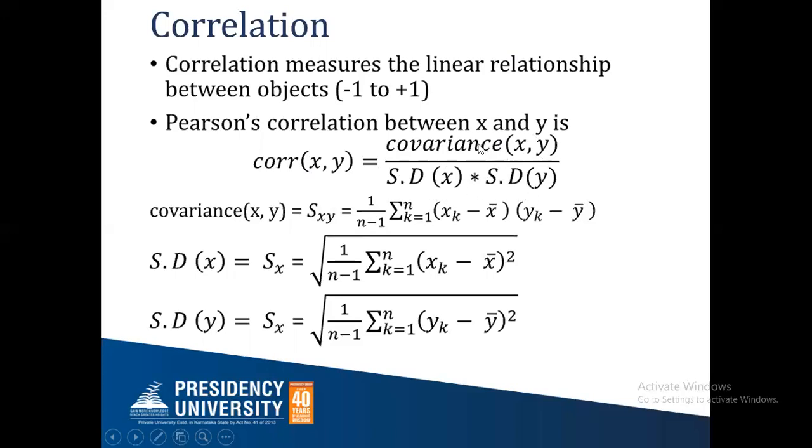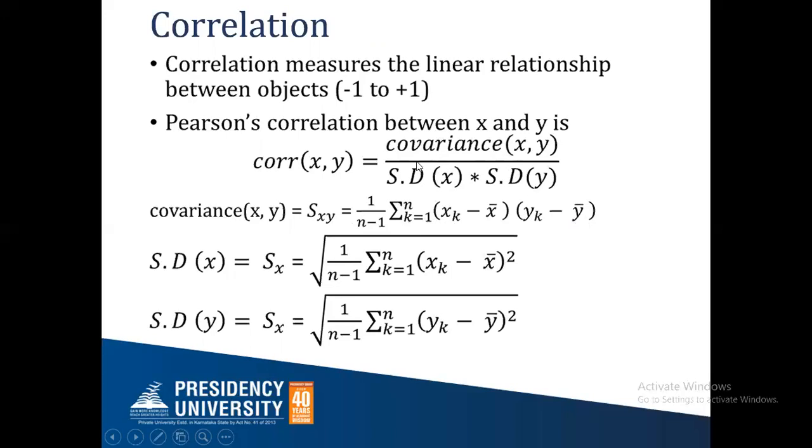What is this covariance of x, y? It can be represented as S of xy. The formula is 1 by n minus 1, summation of k equals 1 to n, (xk minus x bar), where x bar is the mean of x, times (yk minus y bar), where y bar is the mean of y, the average value.